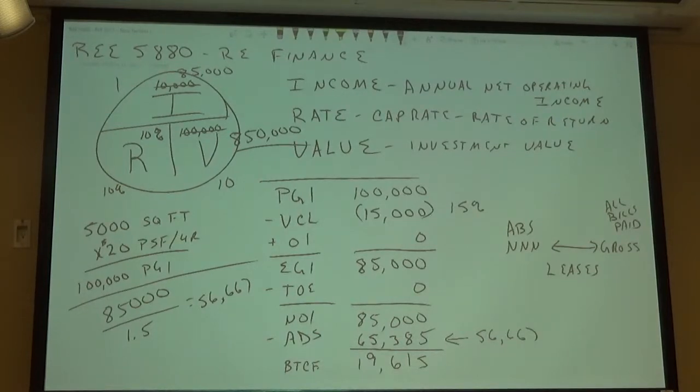Now, the thing that you should be also saying, I'm just going to kind of put this one over here on purpose. Once again, we're subtracting this out. So it gives us $28,333.